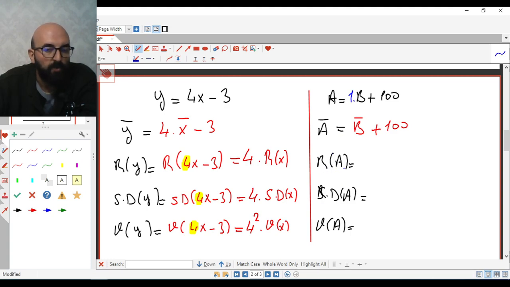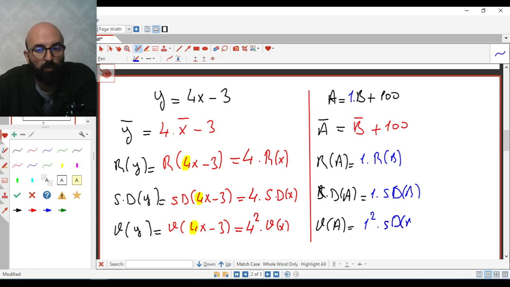So the range of A means 1 multiplied by the range of B. The standard deviation of A is 1 multiplied by the standard deviation of B. And the variance of A means 1 squared multiplied by the variance of B. So our factor is 1, and it doesn't affect the standard deviation, range, and variance, because it is 1.